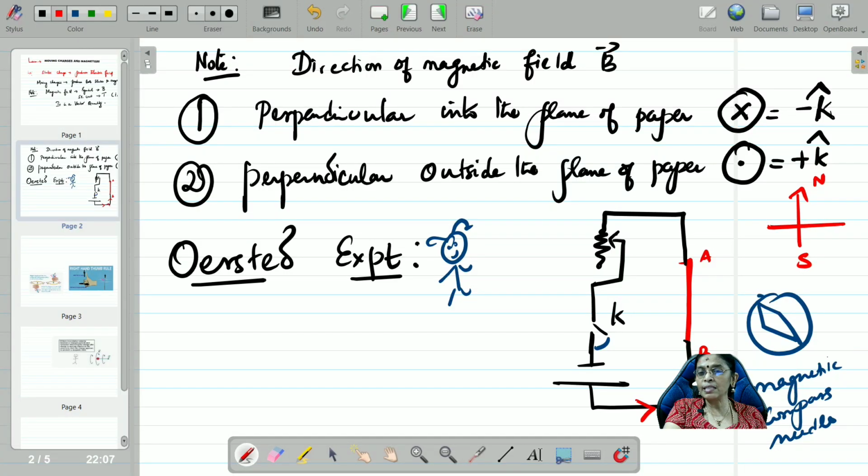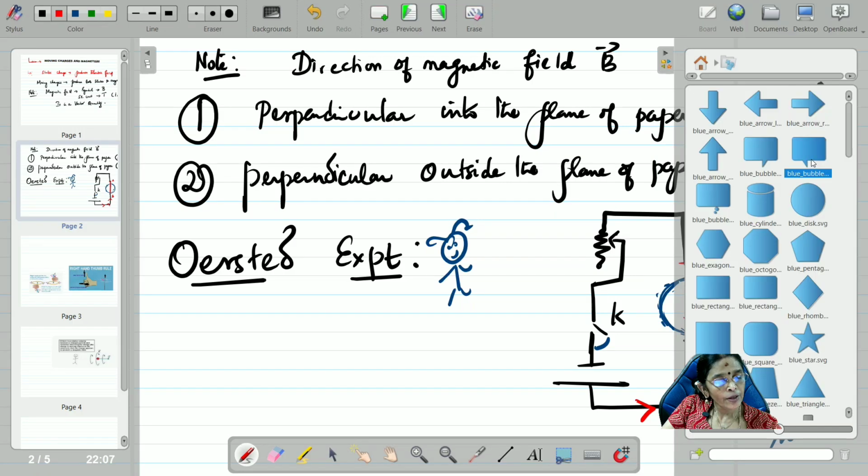The magnetic compass needle was accidentally there. It had come forward, and it was exactly below the wire. When it was exactly below the wire, the compass needle was found to be deflecting like that. The compass needle should be like that.